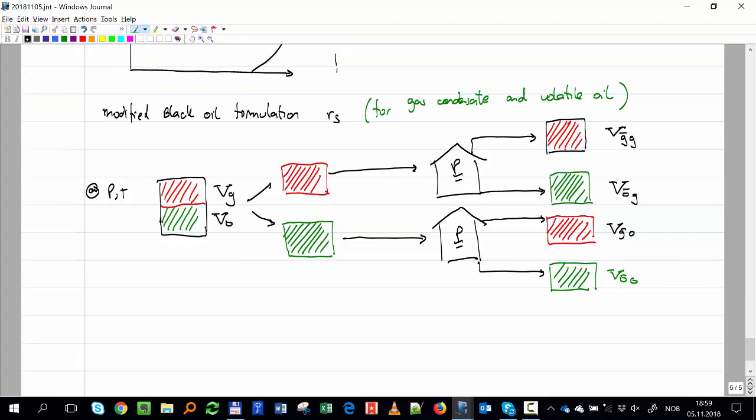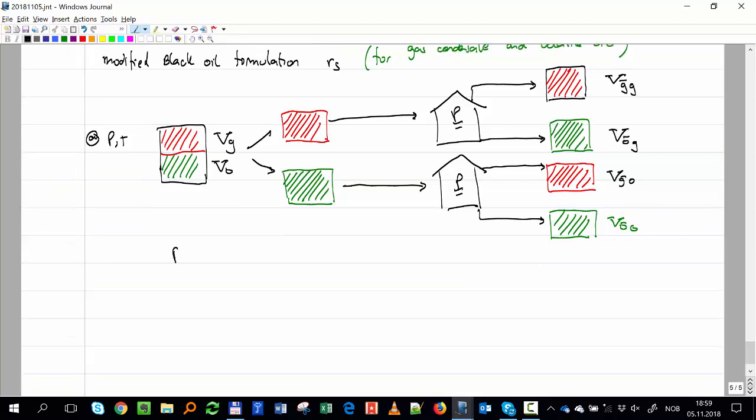So my new black oil parameters that I define are: BO will be, again just looking at the oil like we did originally, the oil volume divided by the oil from the oil only. BG will be the gas volume divided by the gas from the gas only. Just looking at each line separately, the top and the lower.